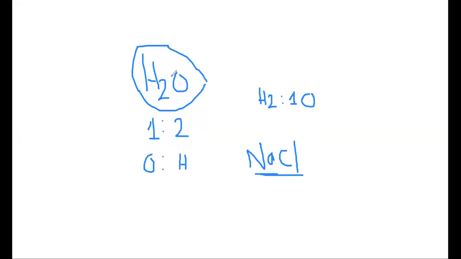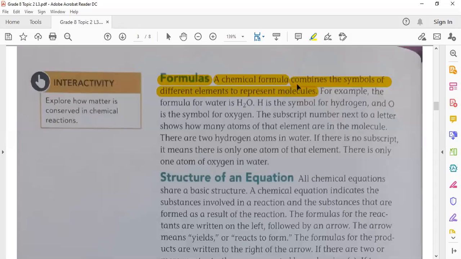Yes. So the chemical formula combines the symbols of different elements to represent molecules. For example, the formula of water is H2O. H is the symbol for hydrogen, and O is the symbol for oxygen.